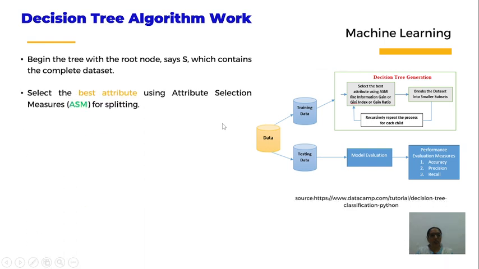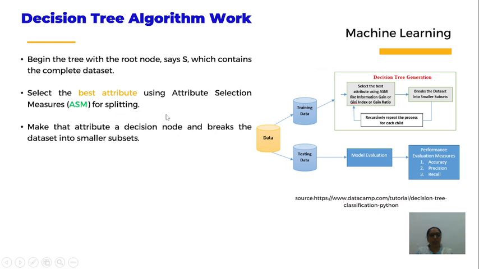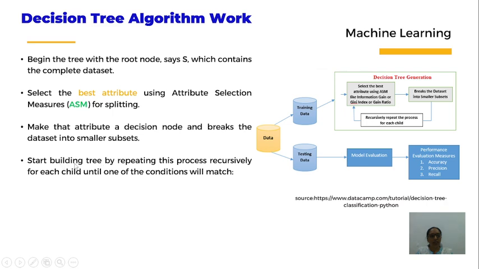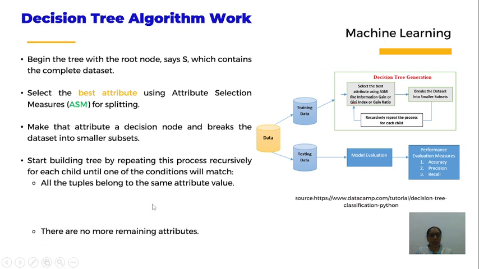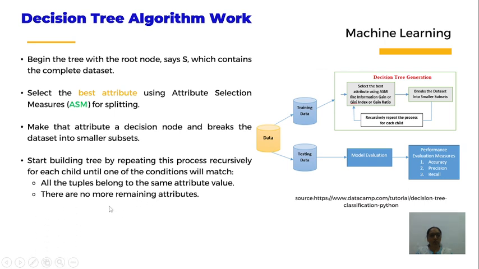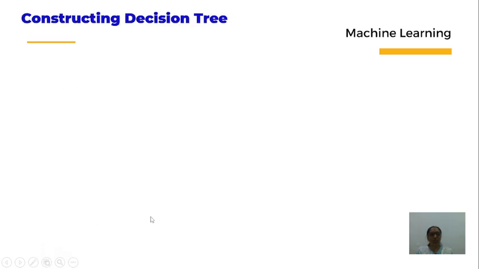Then we select the best attribute using the attribute selection measure for splitting, make that attribute a decision node, and break the data set into smaller subsets. We start building the tree by repeating this process recursively for each child until one of the conditions matches. The first condition is that all the tuples belong to the same attribute value. Second, there are no more remaining attributes. And third, there are no more instances.